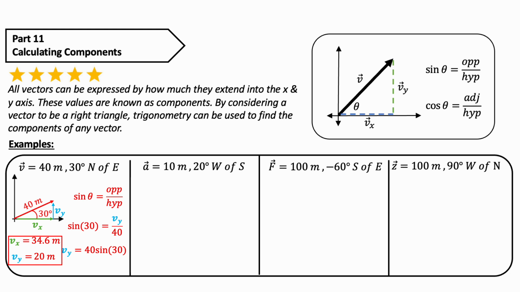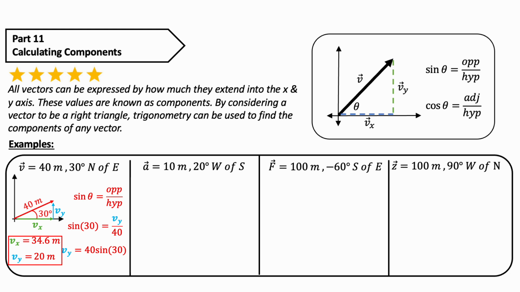And that's actually a great way to think about what we are solving for here: think about this as a length measurement. Somebody told you to walk 40 meters, 30 degrees north of the east line, so you do that. Another person asks you, well, how far west, or how far east did you move? How far north did you move? Well, you moved 34.6 meters east, and then you moved 20 meters north.